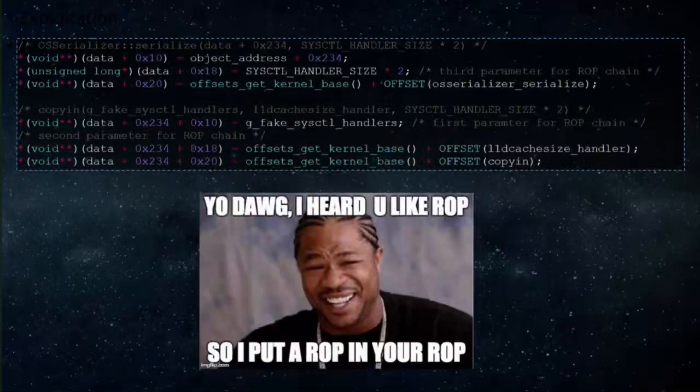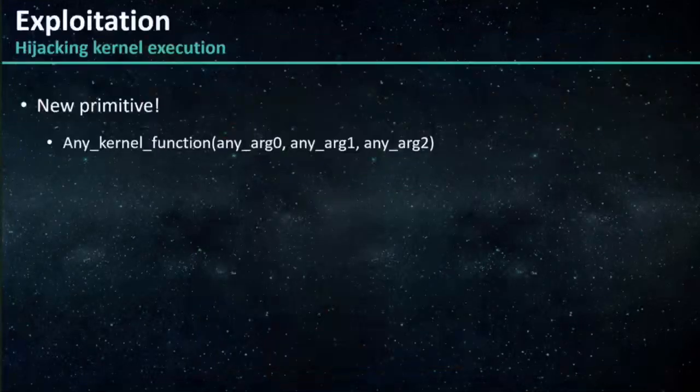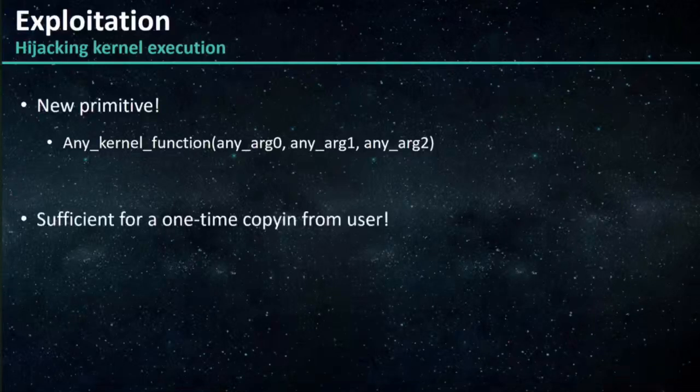And the second parameter is going to be the sysctl cache size handler, which is a sysctl. And the function we are going to call is copyin, which gives us a new interesting primitive. We can call any function we want and control the first 3 arguments, which is enough for a single deterministic write on the kernel: arbitrary address, arbitrary data, and arbitrary size.